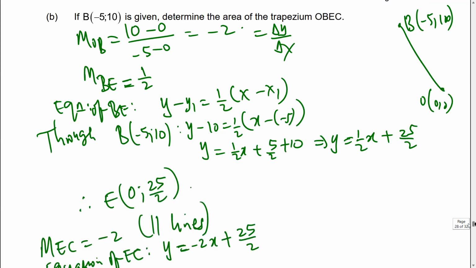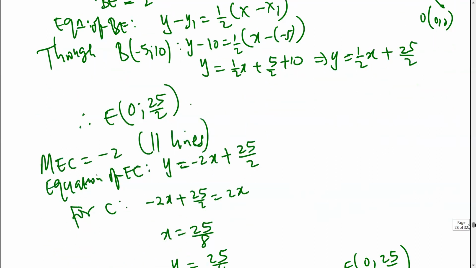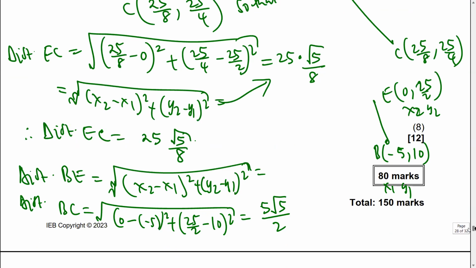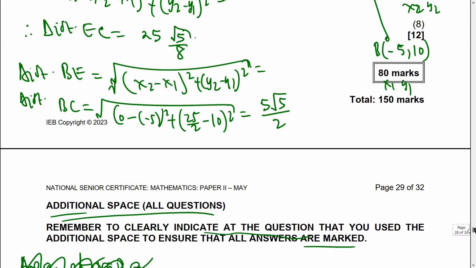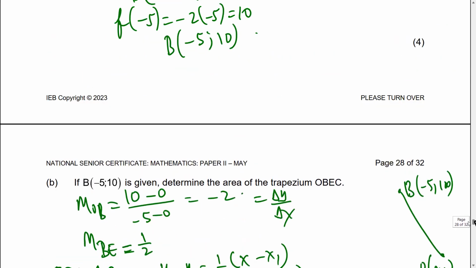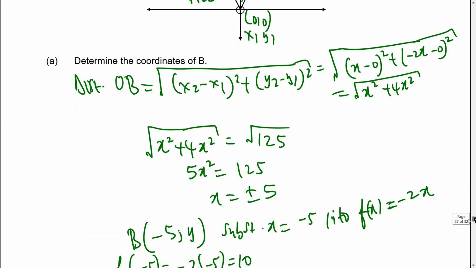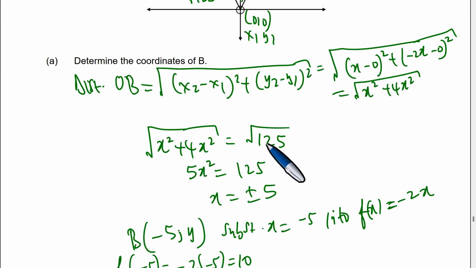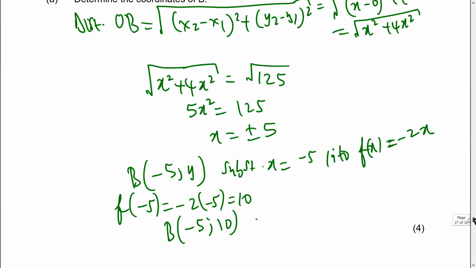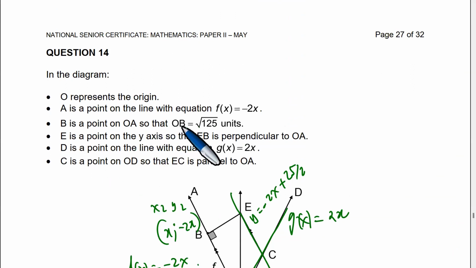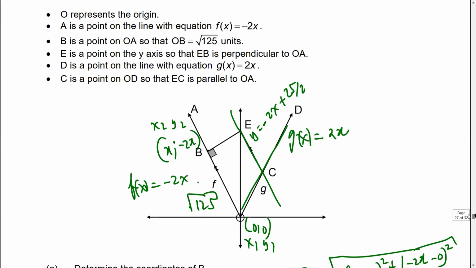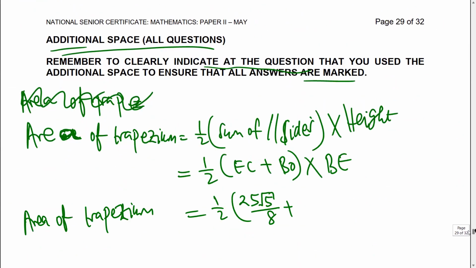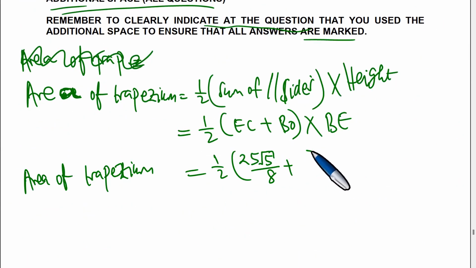What is the BO? OB, we found OB before. OB is the square root of 125. It's even given in the question.